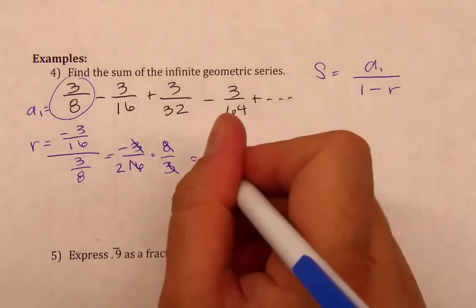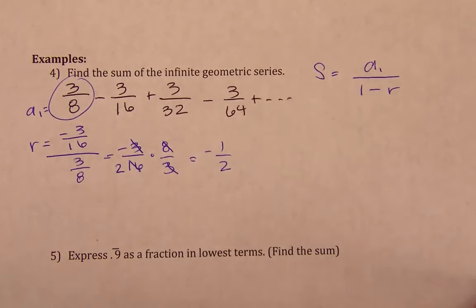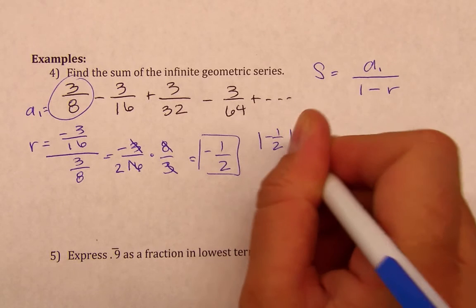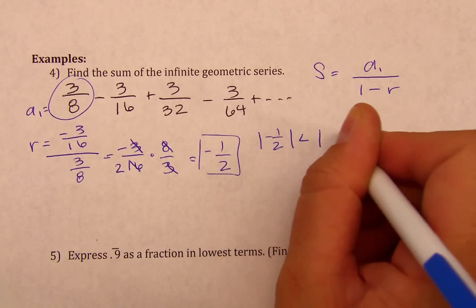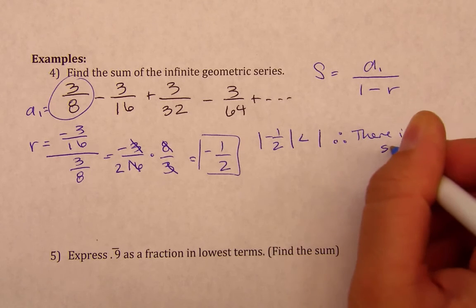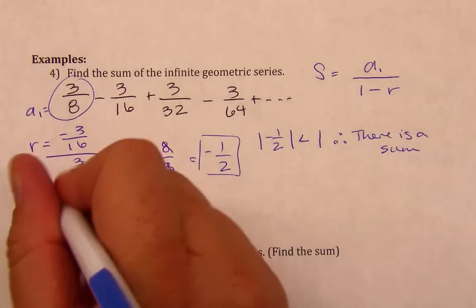And we're left with negative 1/2. So the absolute value of negative 1/2 is in fact less than 1, which means there is a sum. Now we need to find out what that sum is.